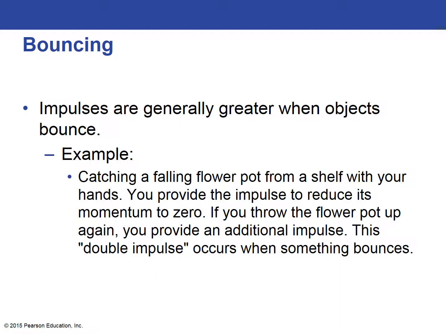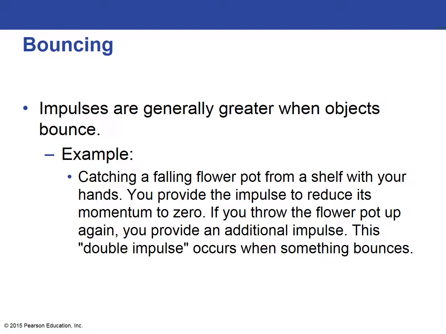The example that's given here is if you wanted to catch a falling flower pot and slowly reduce its momentum to zero, and then you throw it back up again, then you provide an additional impulse equal and opposite to the impulse that was used to slow down the pot as it was falling.